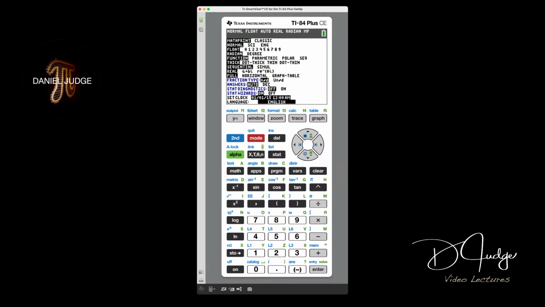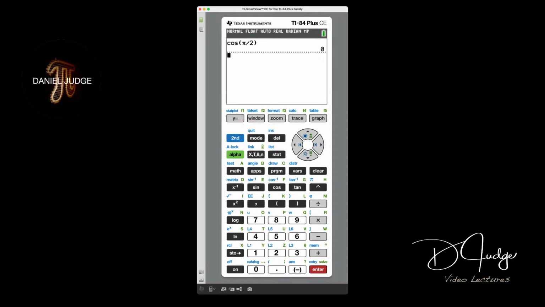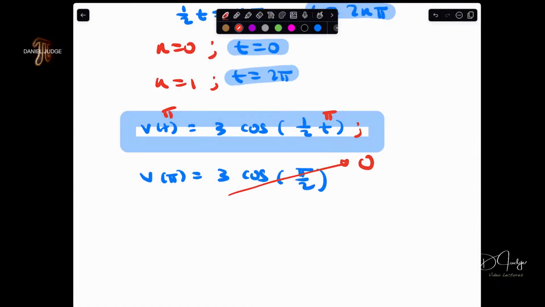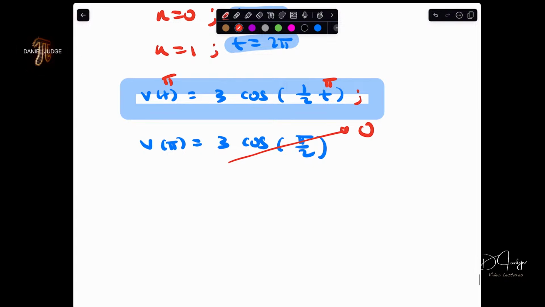Forgot what mode it's in. We could leave it in radians. That's fine. Cosine pi over 2, sure enough, is 0. Well, that's interesting because what that means is the velocity is 0 at pi. You got 0 velocity.